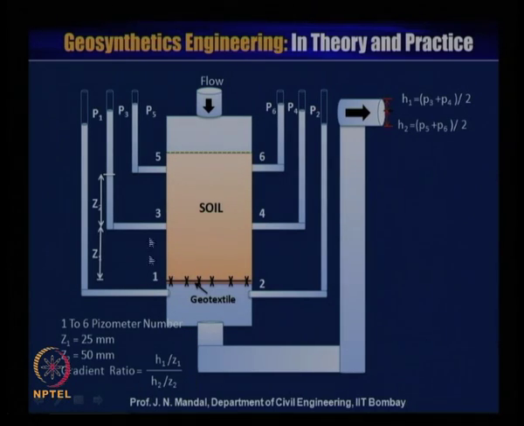So, it is not measuring the flow rate. Instead of measuring the flow rate, you are measuring the hydraulic head at various locations in the soil geotextile column, then you are measuring the head difference, and from this head difference you are calculating the gradient ratio.